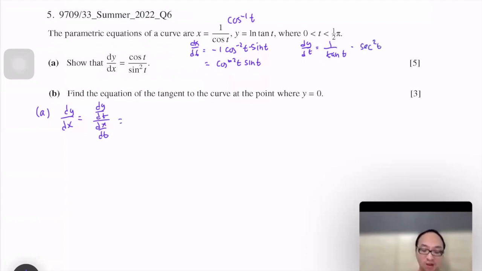So putting in the formula, this becomes secant square t over tangent t, per sin t over cos square t.